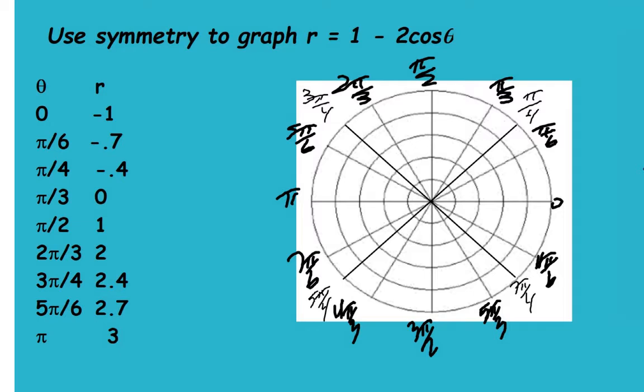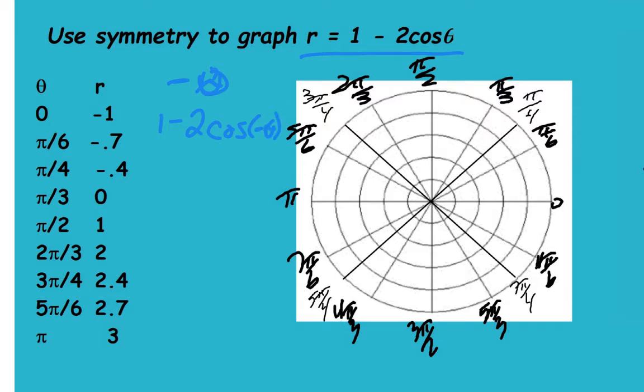Alright, so we're going to use symmetry to graph this equation, 1 minus 2 cosine of theta. So if I plug in a negative theta, I'm going to start there. I need to see what it's going to give me out. If it gives me an r back, then I know it's symmetric with respect to the pole. If it comes out to be a negative r, I know it's going to be symmetrical with respect to the line of pi over 2. So 1 minus 2 cosine of negative theta.